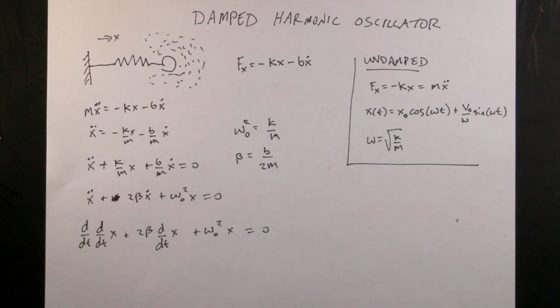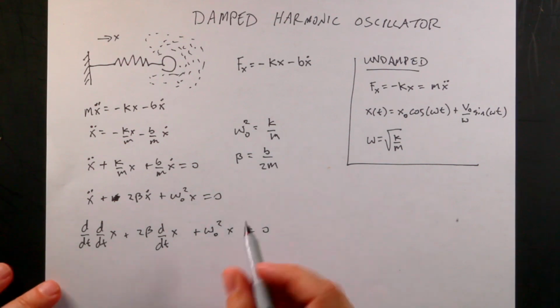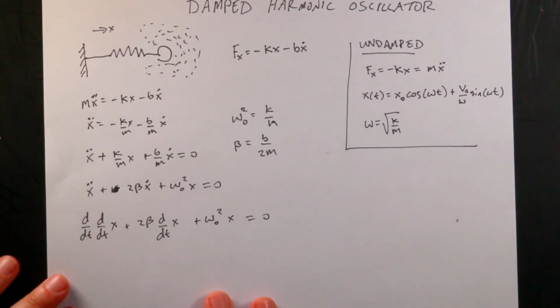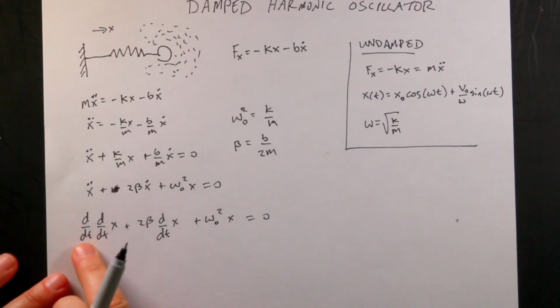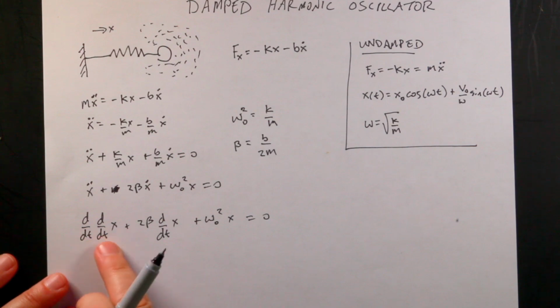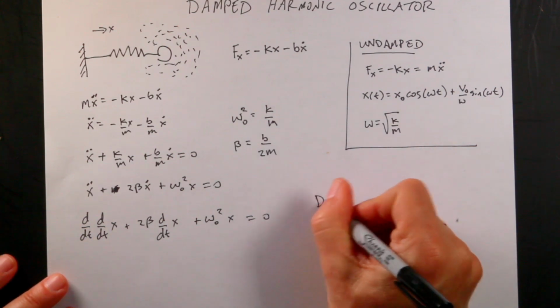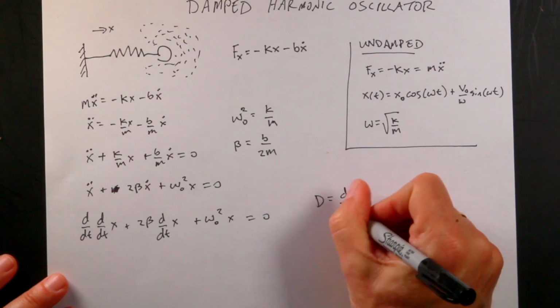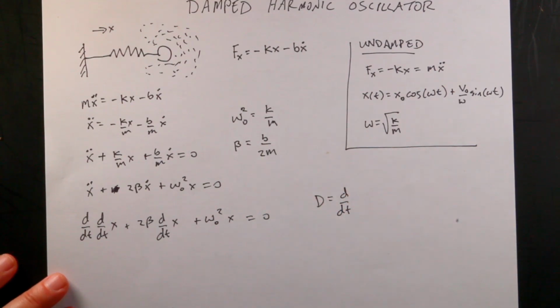Now, this is kind of a trick, but just imagine, close your eyes and imagine, that since I have this derivative of the derivative, what if I just write d equals the derivative with respect to time? It's an operator. In that case, I have the operator twice, so this is like d squared. So I have an x there.